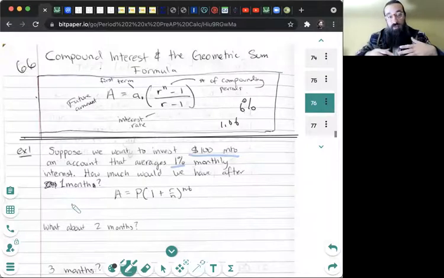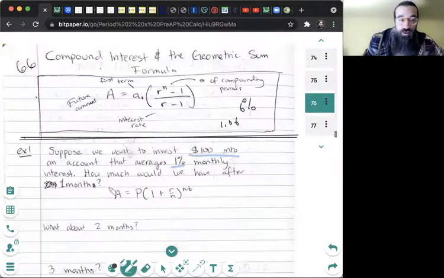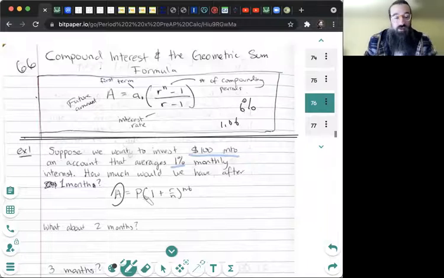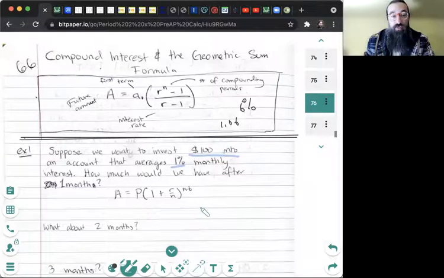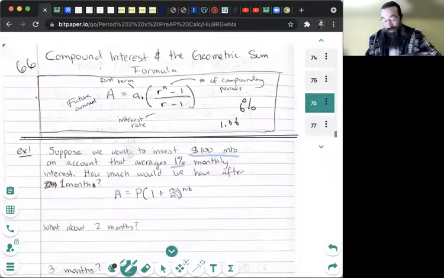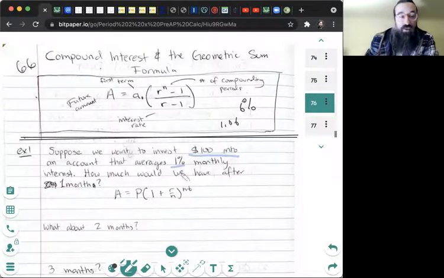And so here's the big formula, the compound interest formula, where amount is equal to the principal, the starting amount, times 1 plus the rate divided by the number of periods per year, raised to the number of periods per year times number of years. So that's the normal formula, and then we're going to see how to use it in this example.